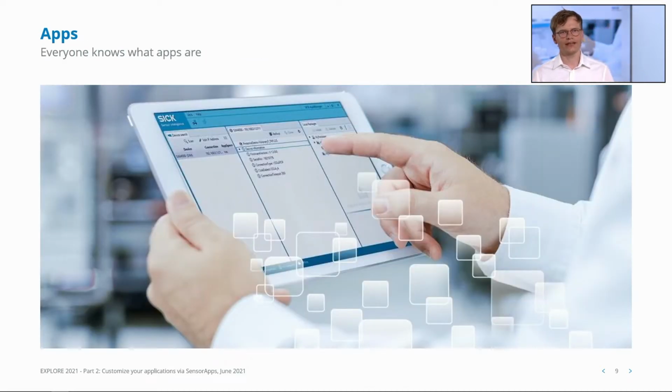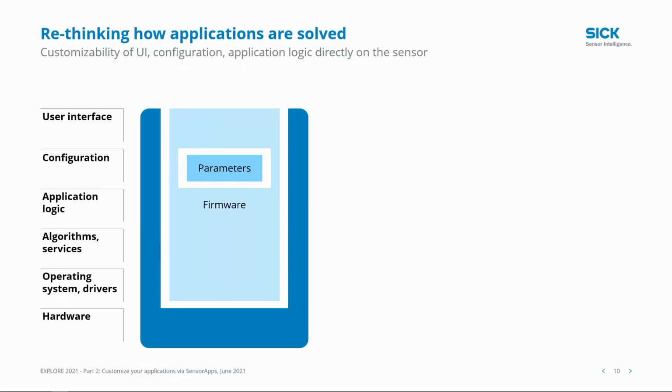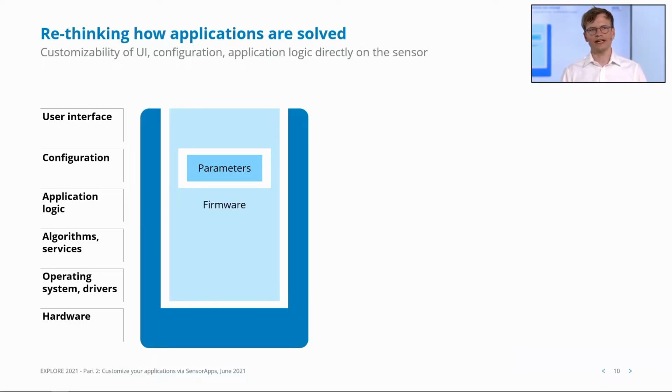So take the example of a mobile phone again. I value my mobile phone because on my way to work I can listen to podcasts. My wife likes to play online poker, so she values her phone, which is exactly the same model as mine, for very different reasons. And the apps are what make that happen. So take that to the industrial application domain, where we have 6 layers: the hardware, the operating system, algorithms and services, application logic, configuration, and user interface.